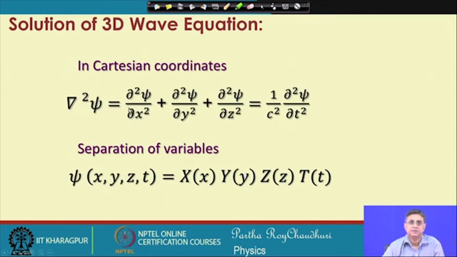then the first quantity will give you del square X by del x square multiplied by this quantity. In the same way, the second quantity will give you del square capital Y by del y square multiplied by the other three quantities, and so on. For this quantity, this will be del square capital T by del t square into 1 by c square multiplied by the 3 X, Y, Z parameters.